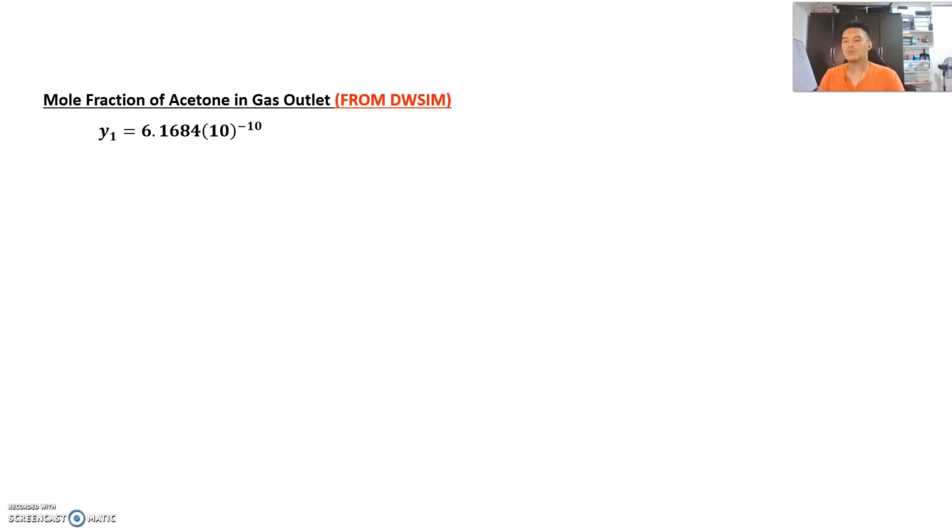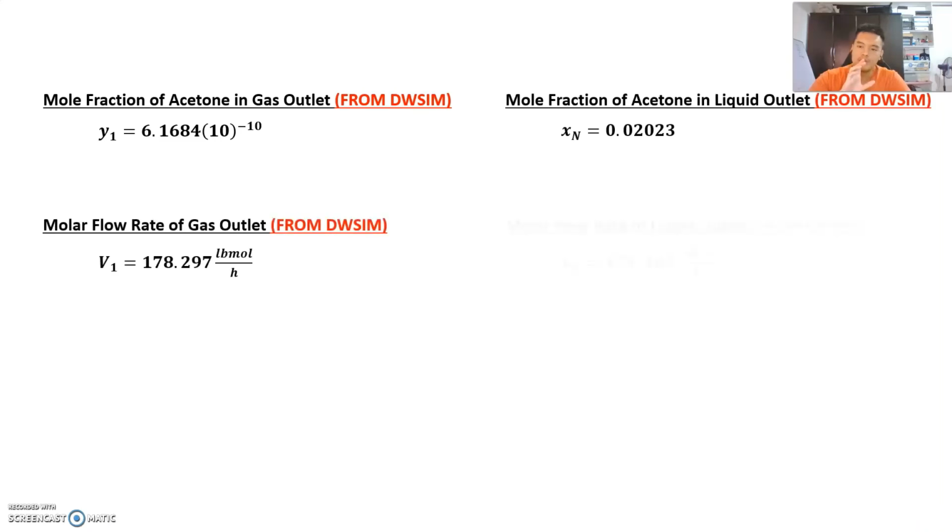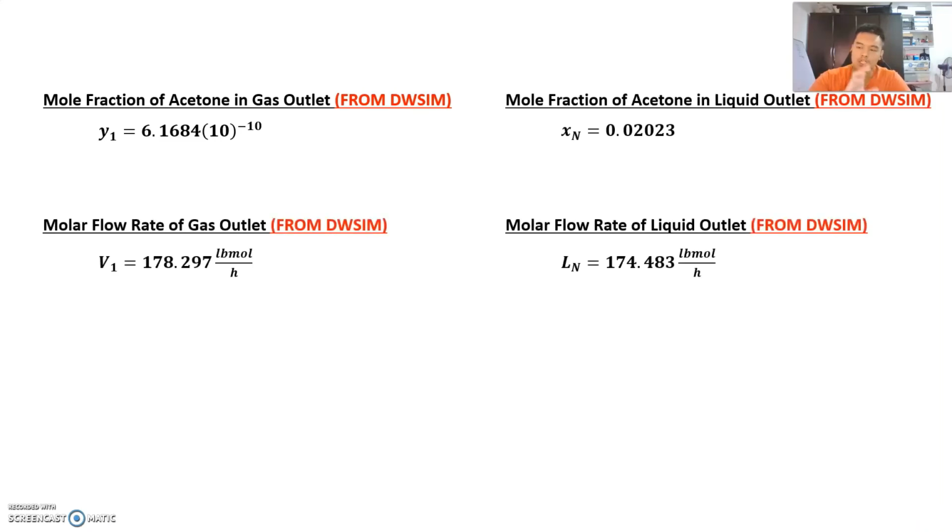So how do we compare it? We use these values from DWSIM as additional parameters, and we will calculate the minimum stages required and compare it to the number of stages specified by the problem. Earlier we said that the problem requires 12 stages, and let's assume that to be the minimum stages.